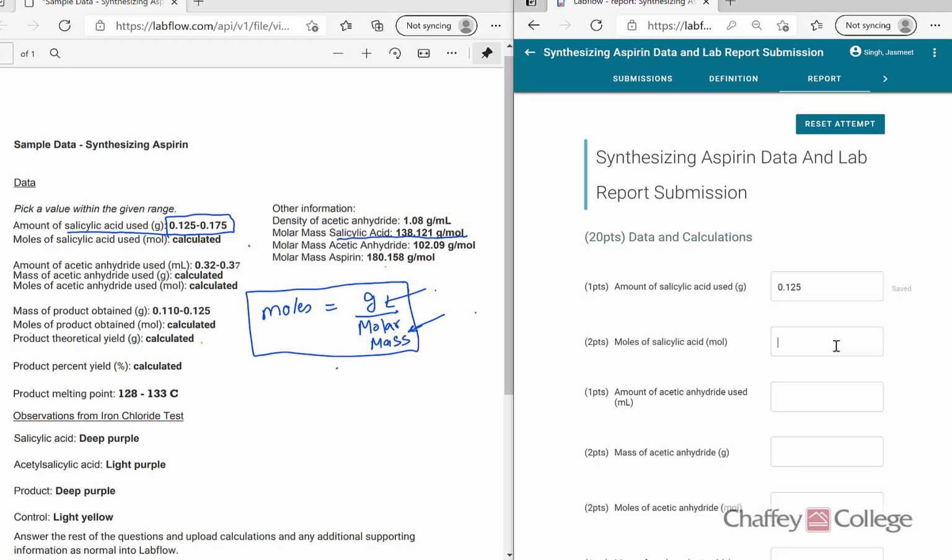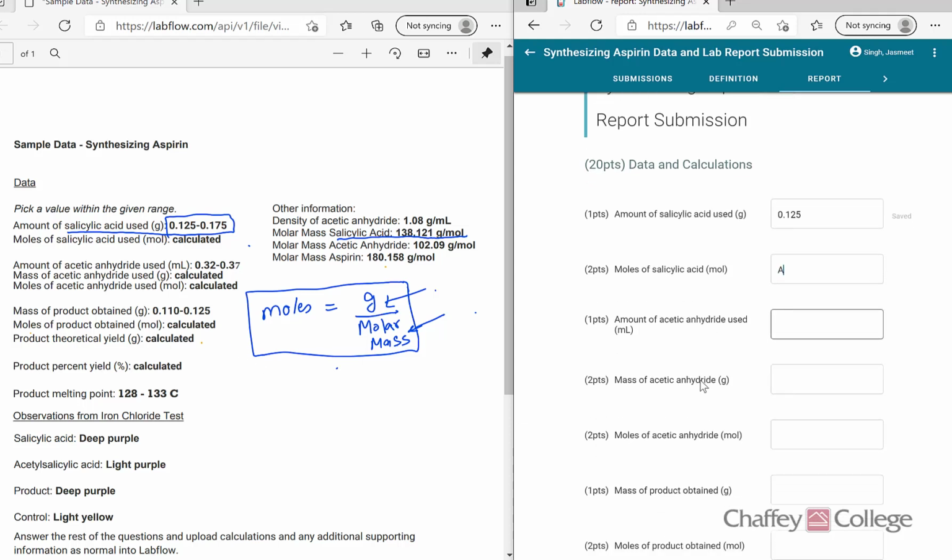So therefore our calculation will be 0.125 divided by 138.121. So whatever the answer comes, that should be the moles. As you're gonna use some other value, your value will be slightly different than my value. So I'm not gonna calculate the answer here yet. I'm just gonna assume that the answer comes out to be A.